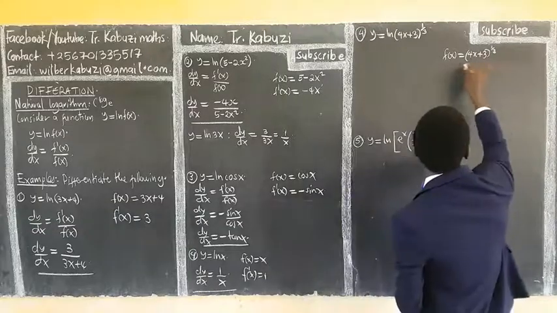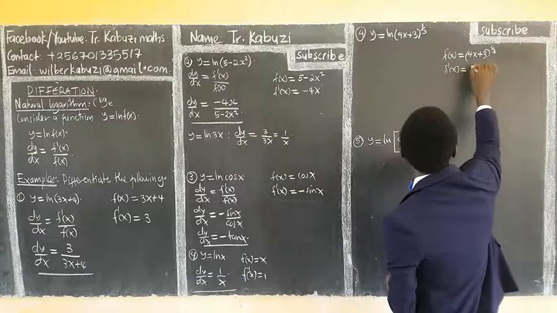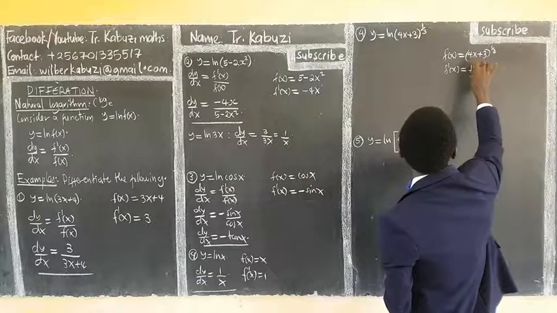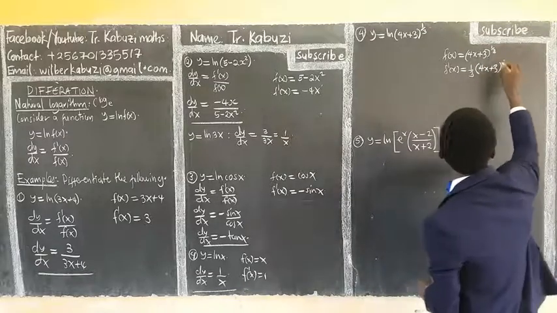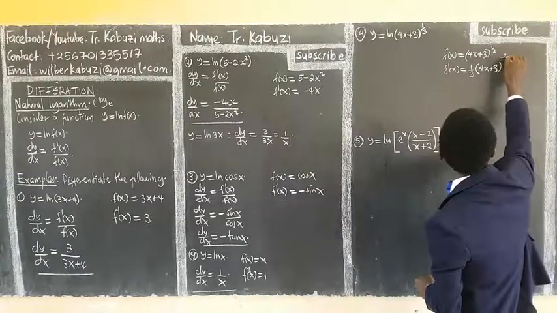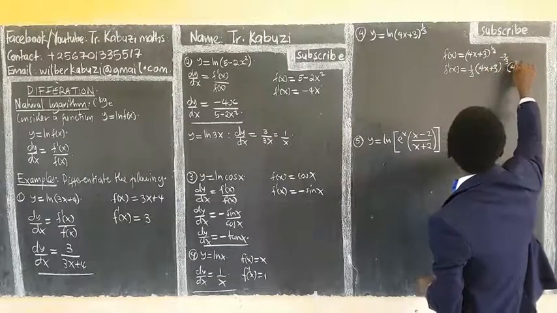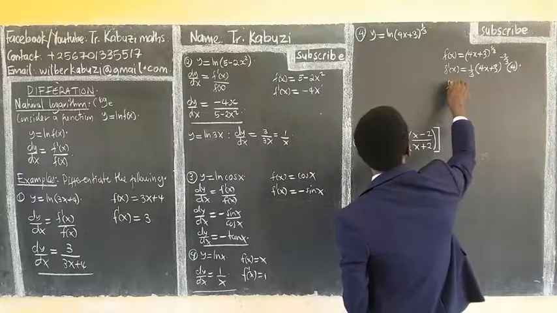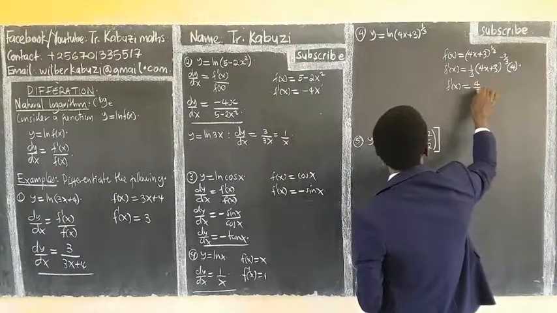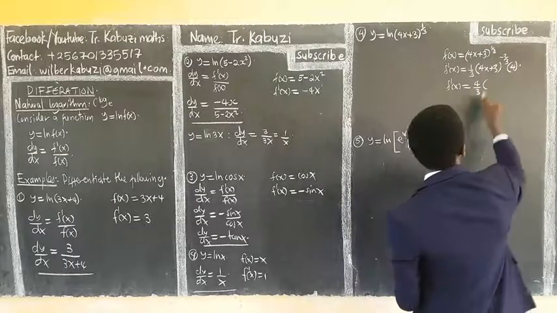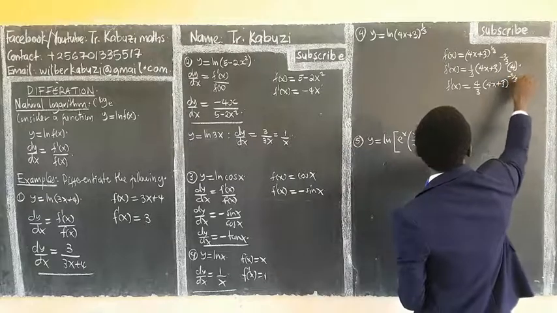If you are differentiating this function, your f prime of x is going to be: we lower the power, maintain the bracket, and reduce the power by 1, which gives negative 2 over 3. Then differentiate the bracket, we get 4. So our f prime of x is 4 over 3 times 4x plus 3 to the power of negative 2 over 3.